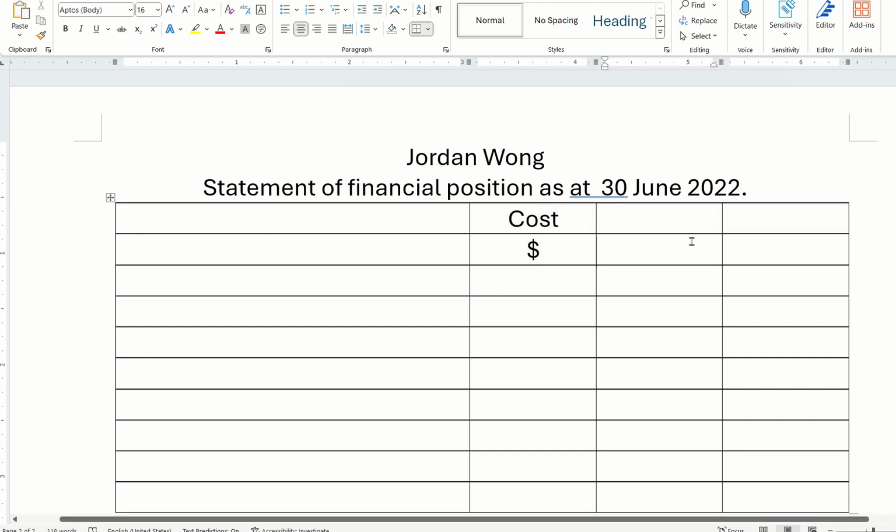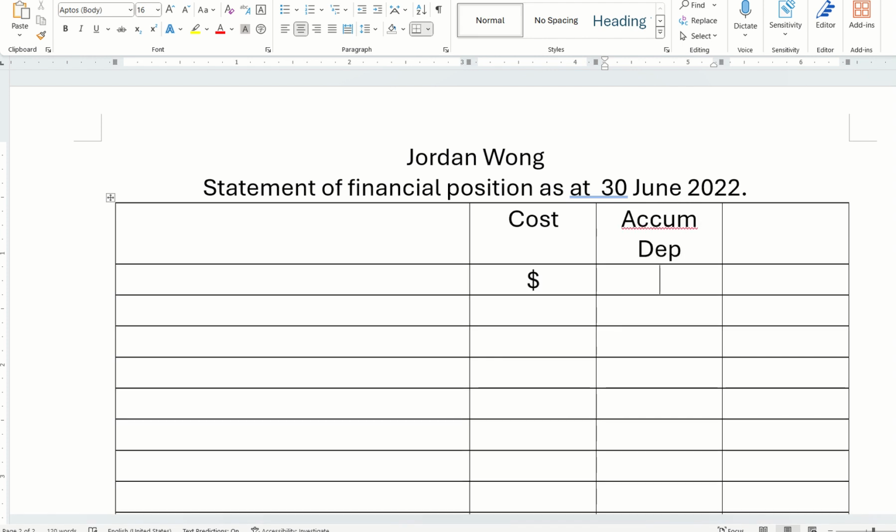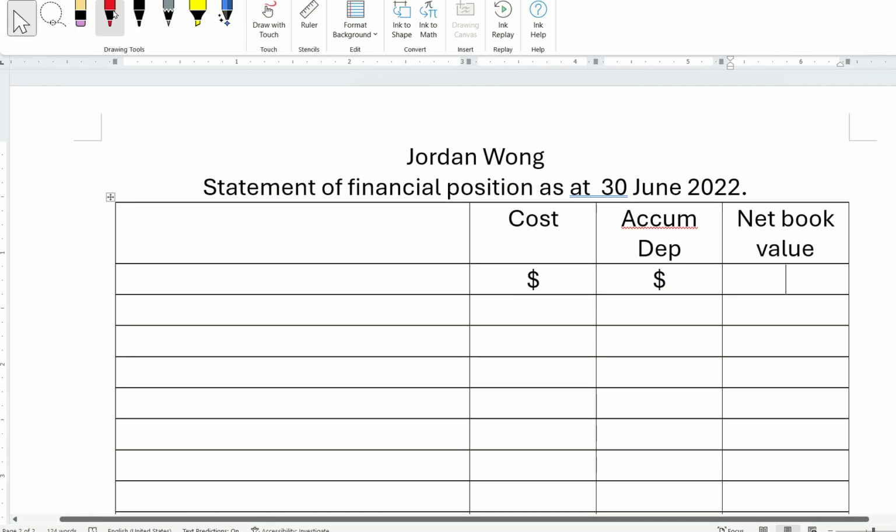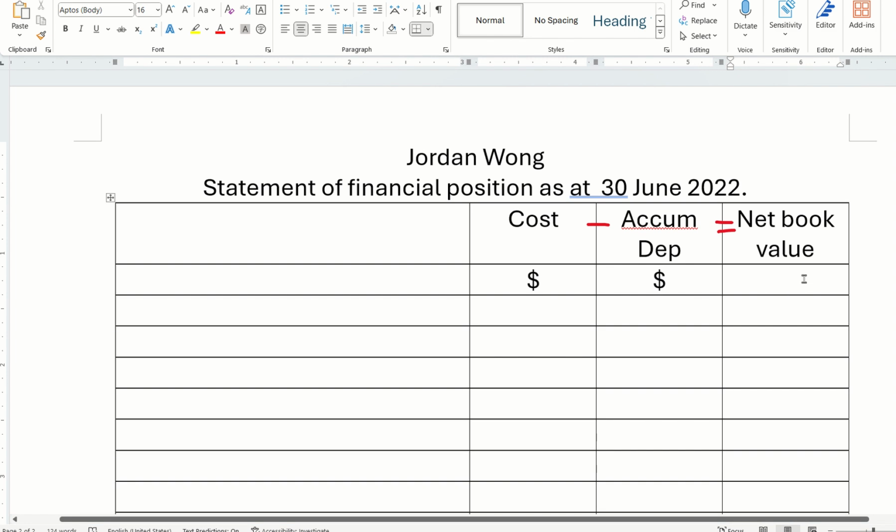The second column is accumulated depreciation, but for this you can write a short form because the words are very long. And the final column is called net book value. Net book value is cost minus accumulated depreciation.